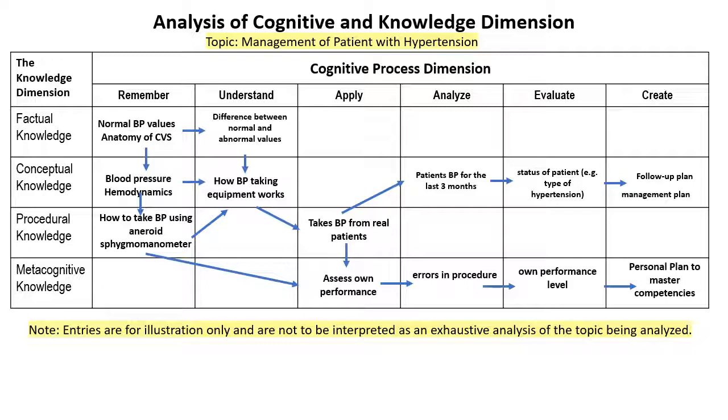So you take a BP from a real patient, you assess, but of course, the only way for you to assess your own performance is to know exactly what are the appropriate steps or the correct steps in performing blood pressure taking using an aneroid sphygmomanometer.